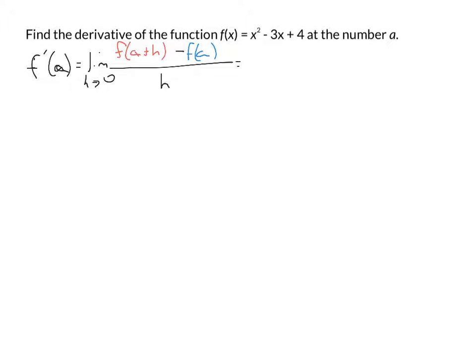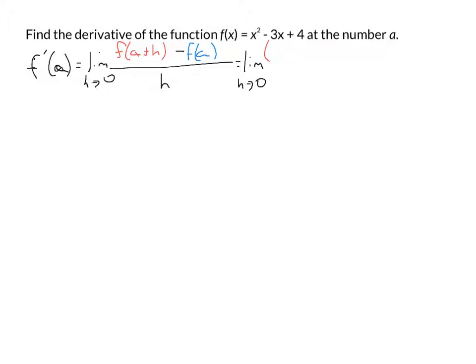And so let's do our substitution here. So the limit as h approaches 0 of, and so f of a plus h means we replace all of our x's with a plus h.